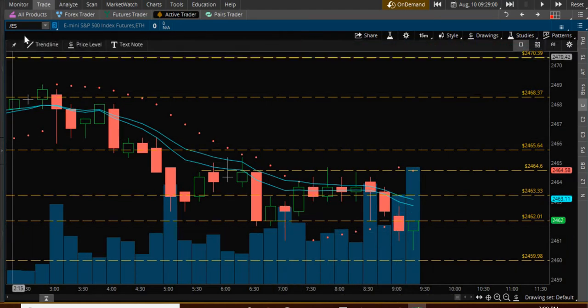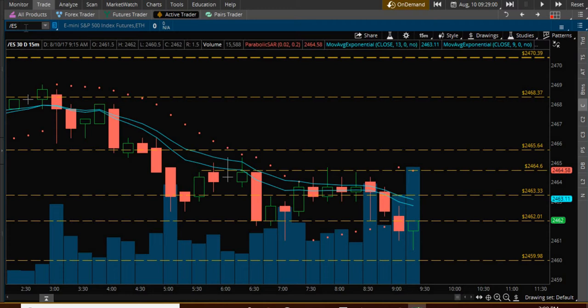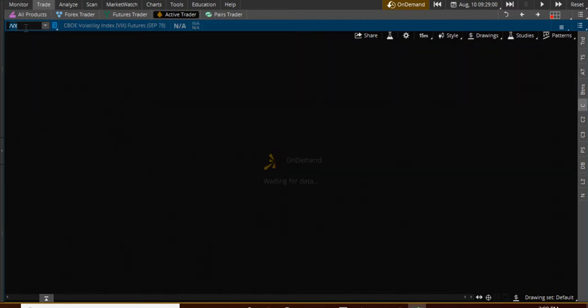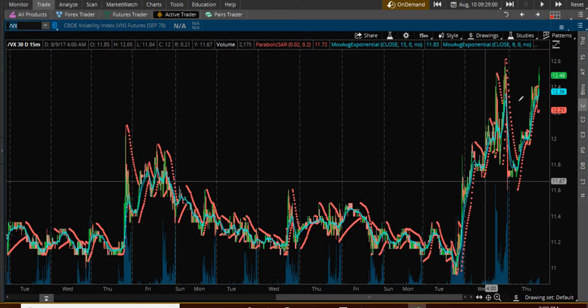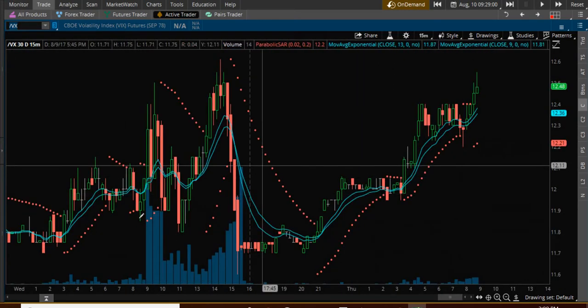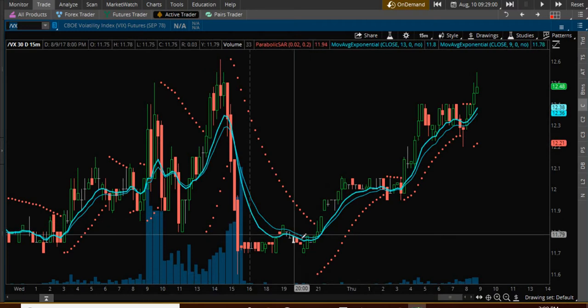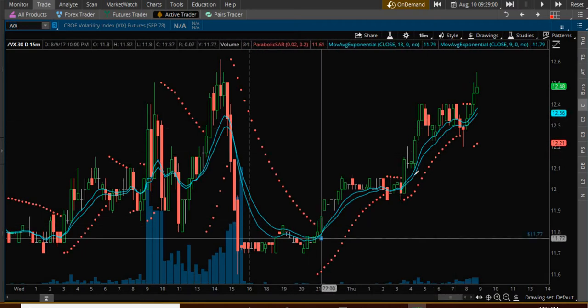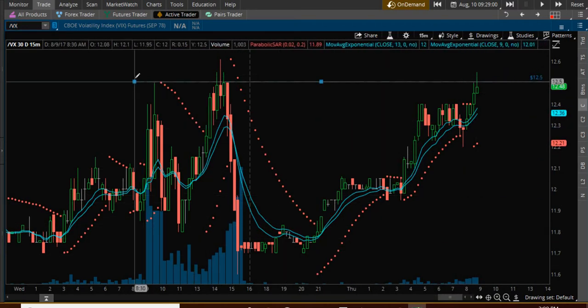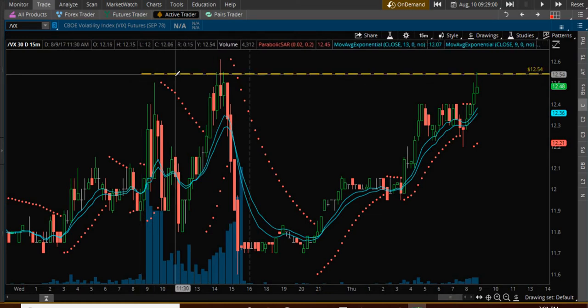So looking at the ES, we then take a look at the VX to see what's happening there. Quite the opposite. The VX is actually exploding to the upside, right? And it's coming into a resistance level here.